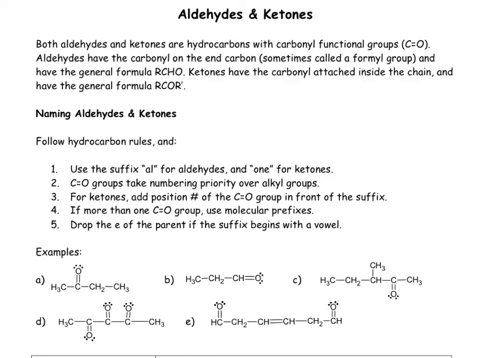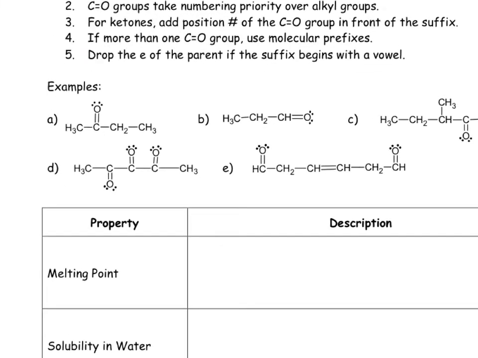You don't for aldehydes because it will usually be on carbon number 1. If there's more than one carbonyl group on your molecule, use a molecular prefix to indicate how many. And rule number 5, drop the E at the end of the parent name if the suffix begins with a vowel. Here are some examples.